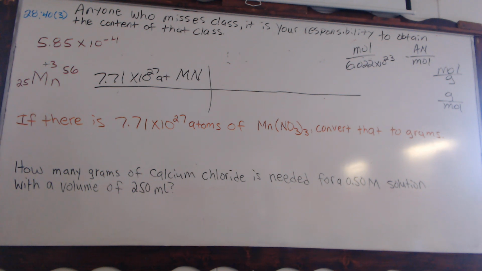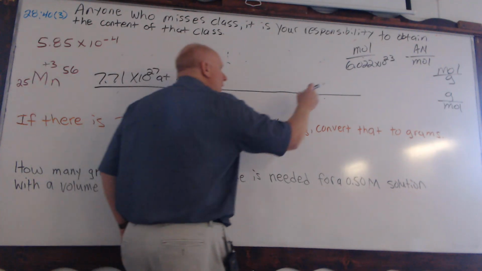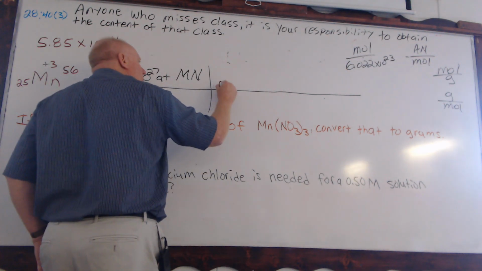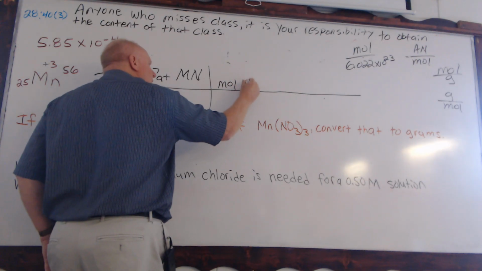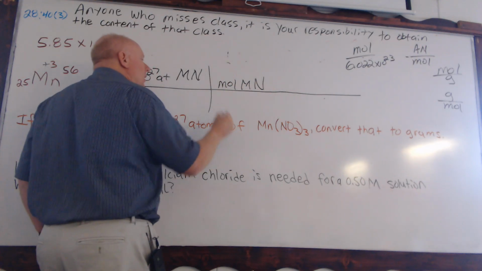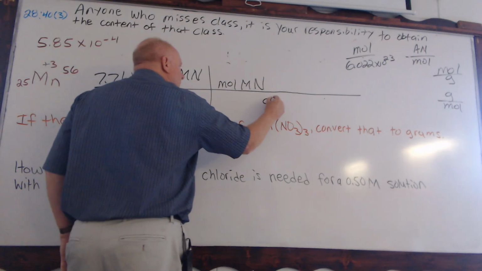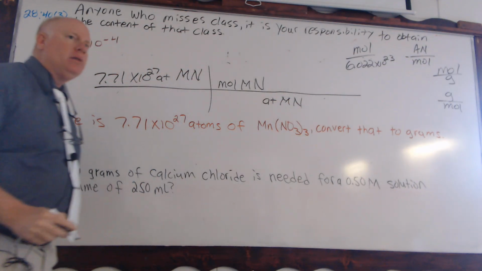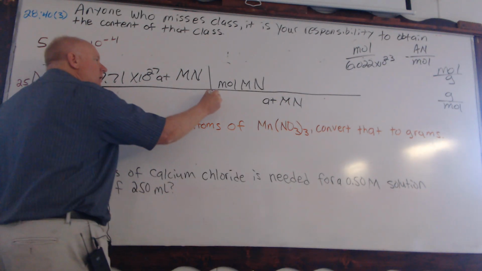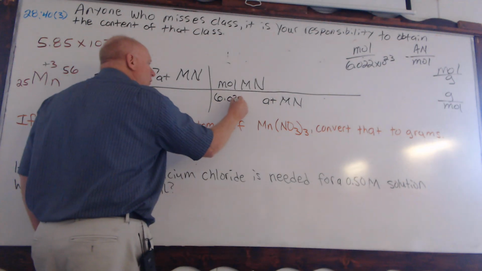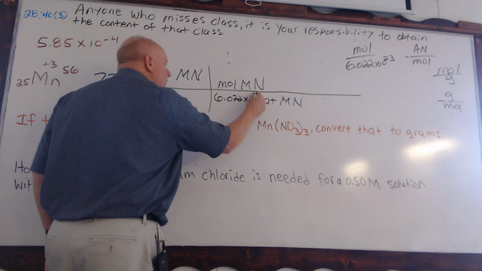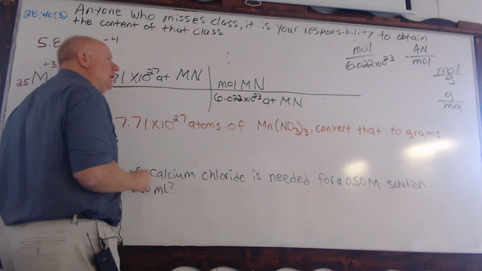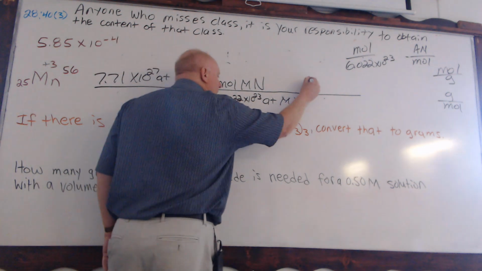Moles over atoms, or Avogadro's number. Here's your conversion factor. For every mole of manganese nitrate, we have how many atoms of manganese nitrate? Avogadro's number, 6.022 times 10 to the 23rd. Okay, so we're in moles now.